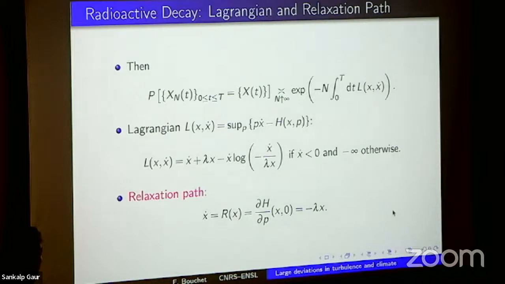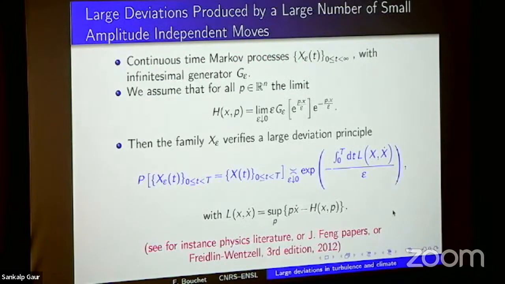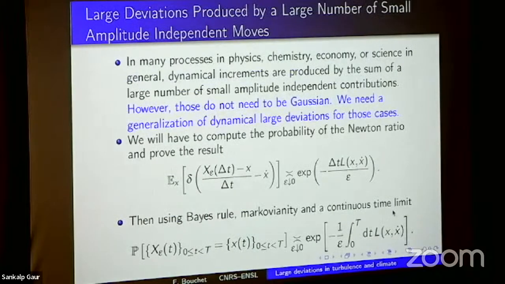The small p here. Okay, yes, this is a very good question. So here we have seen that L of x dot is related to the PDF of the probability to see x dot, right?